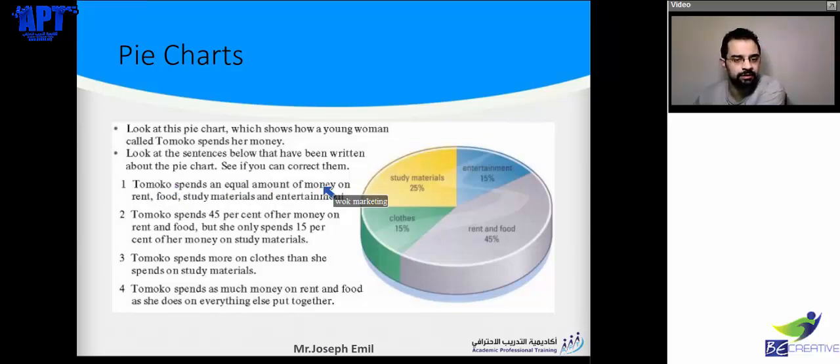Tomoko spends an equal amount of money on rent, food, study materials, and entertainment. So of course this is not an equal amount. You can say that she spends an equal amount of money on clothes and entertainment. Okay, so clothes and entertainment. Let me just have this here. Please give me a moment.